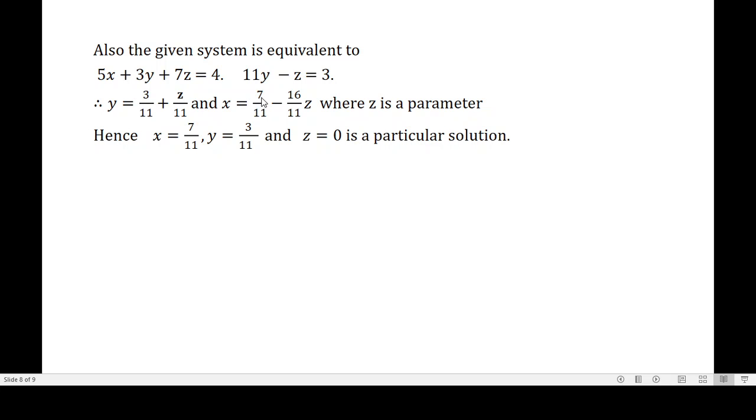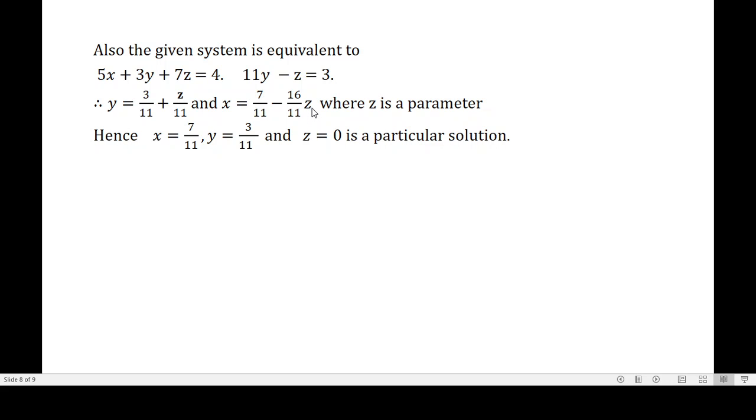So, x is equal to 7 by 11 minus 16 by 11 into z, where z is a parameter. Are you all following? From the second equation, find y. From the first equation, express x in terms of y and z. For y, substitute this value. Simplify, we get x is equal to 7 divided by 11 minus 16 divided by 11 into z.